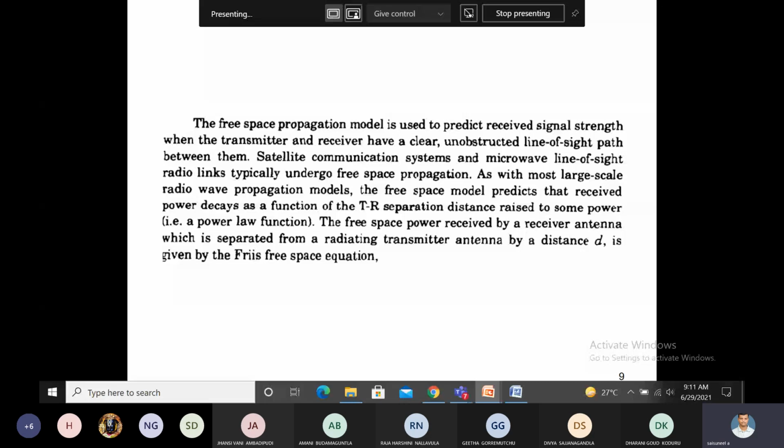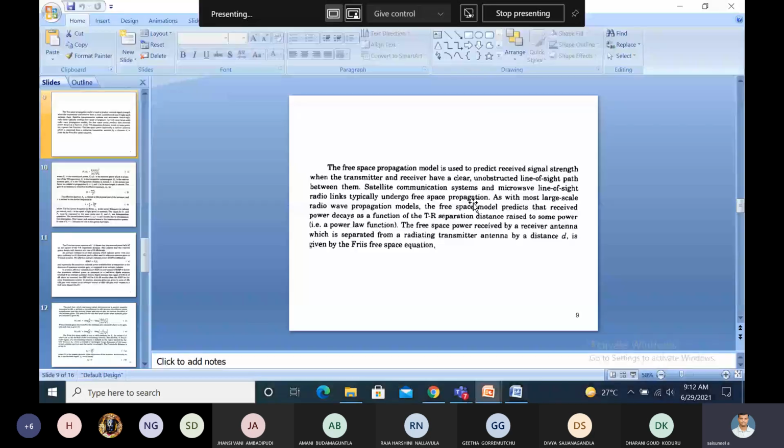Here the free space propagation model is explained by the Friis free space equation, F-R-I-I-S. Before going to the equations, I am explaining based upon the figure.